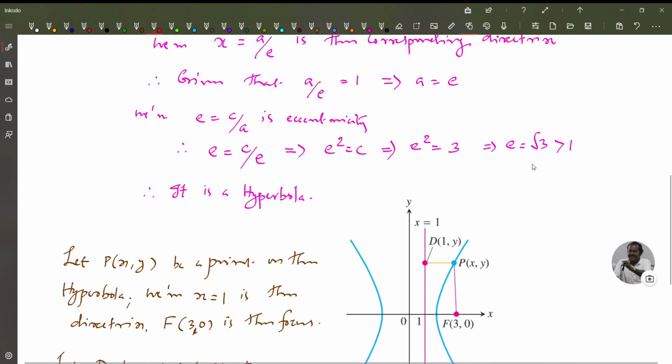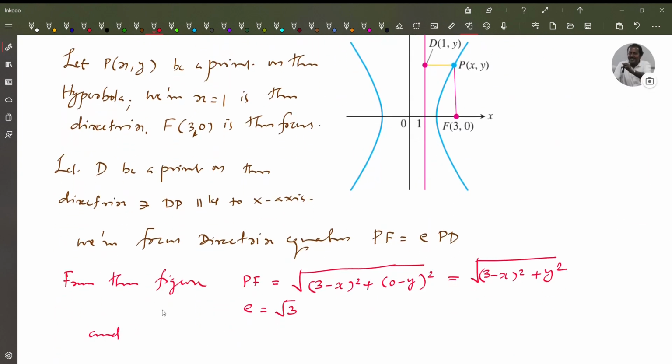PD equal to square root of, because it is a point on the directrix, x coordinate is 1 and since it is drawn parallel to the x-axis, y coordinate will be y itself. So we have PD is equal to square root of (x minus 1) the whole square plus (y minus y) the whole square. This is equal to square root of (x minus 1) the whole square.